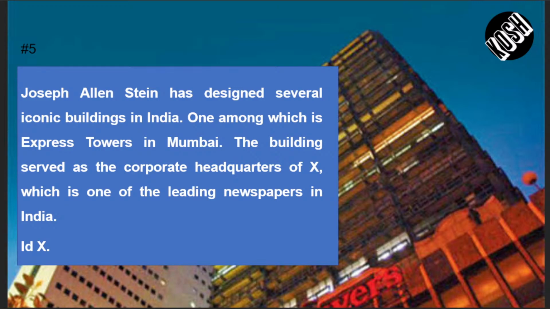So we have to identify a particular newspaper company in India that used to have their headquarters. Now it's no longer their headquarters, but at a time it used to be their headquarters. Express Towers. You have to identify the name of the newspaper.